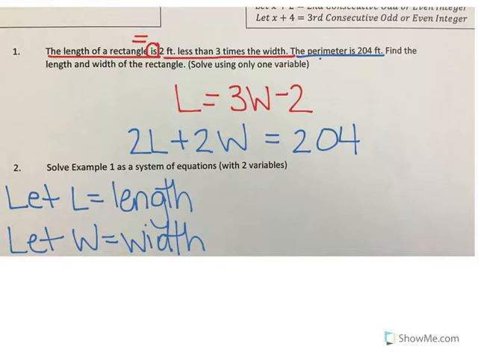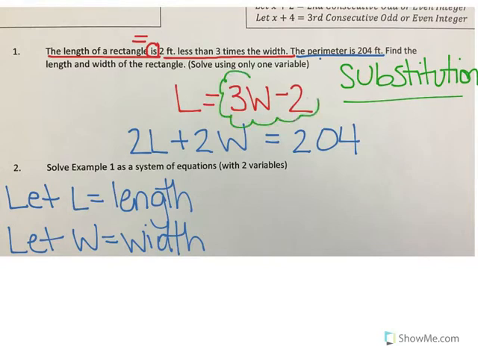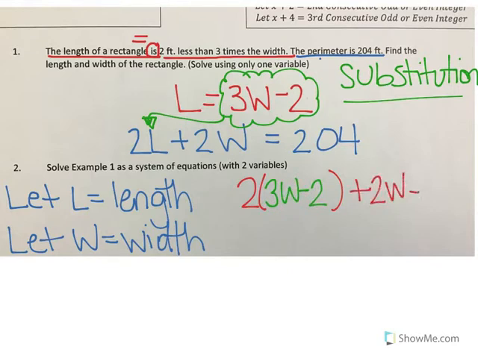And now, to solve this system of equations, we're going to use the substitution method, and we are going to substitute this 3W minus 2 in for L in the other equation. And so what that looks like is 2 times 3W minus 2 plus 2W equals 204.